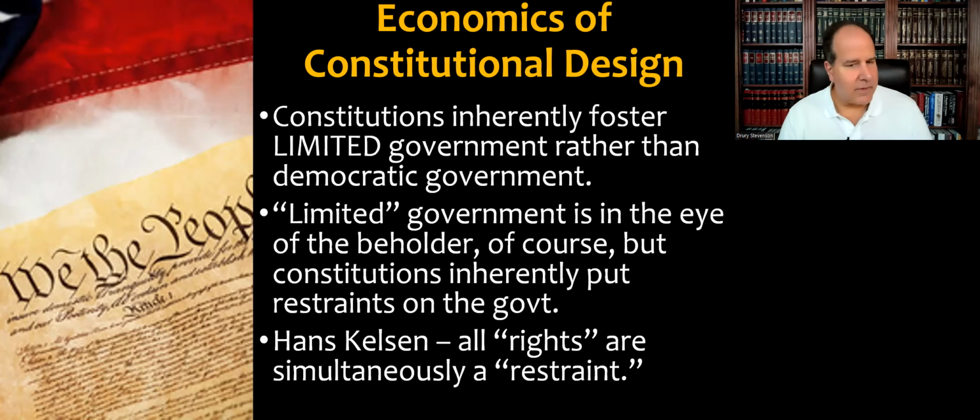So again, a lot of times people say they want limited government when they're criticizing laws that they don't like. They want to be left alone, but they are happy to have very strong government for things that they want, like, let's say, getting tough on crime or having border enforcement or things like that.